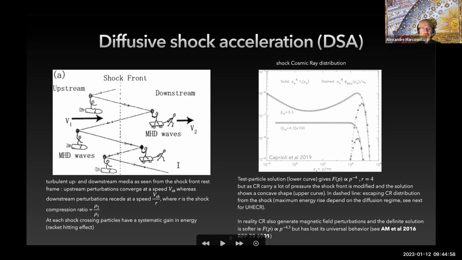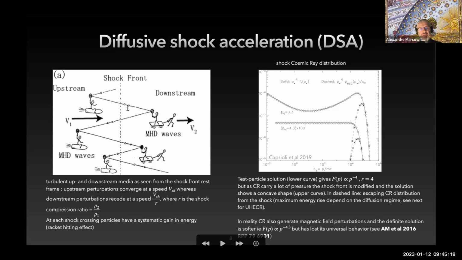Here is a simplified picture of the process. On the left, you can see a shock front, and you have some MHD waves or scattering centers for the particle, and the particles are moving back and forth across the shock.